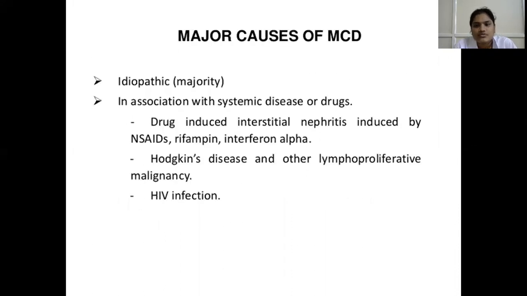The cause of minimal change disease is mostly idiopathic, or it can be in association with systemic diseases or drugs. Drugs include NSAIDs, which induce interstitial nephritis, rifampin, and interferon alpha. Hodgkin's disease and other lymphoproliferative malignancies and HIV can also be in association.